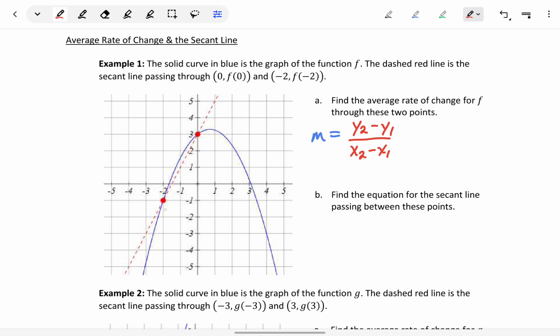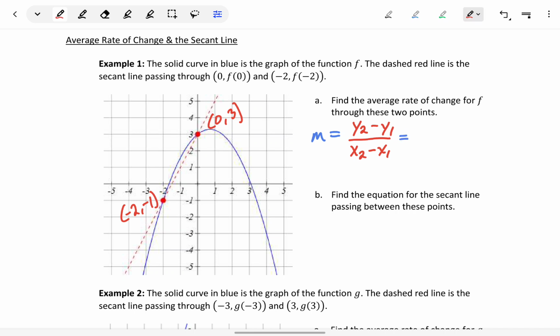We can see that those points are (-2, -1) and (0, 3). It doesn't matter which points we refer to as y2 and y1 or x2 and x1, as long as we're consistent.